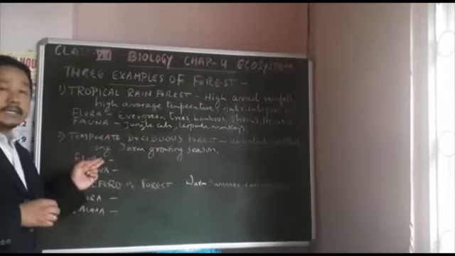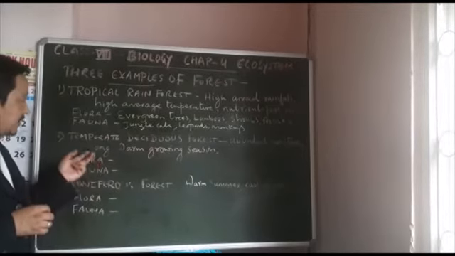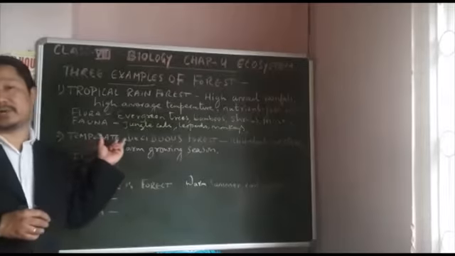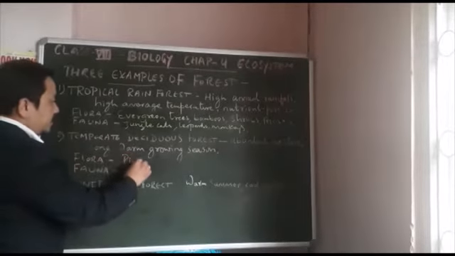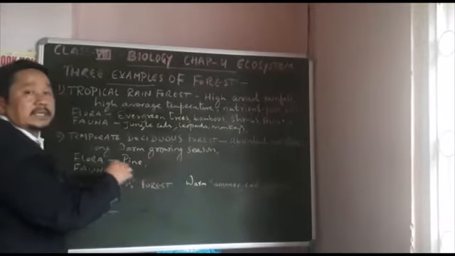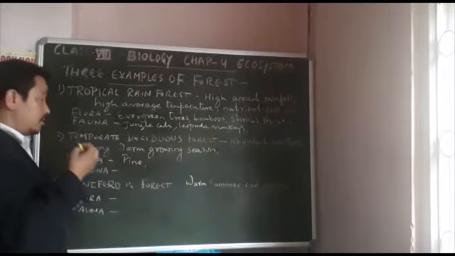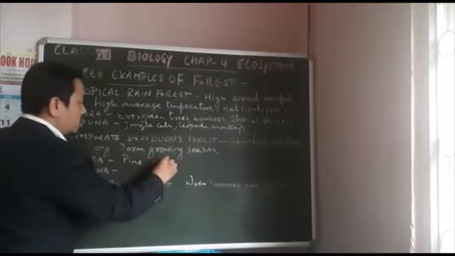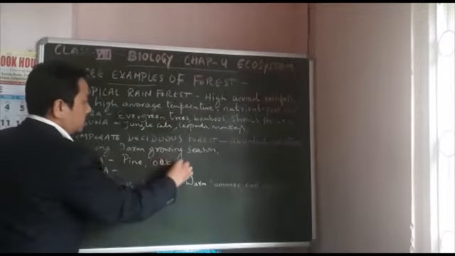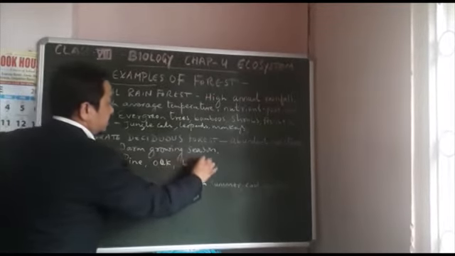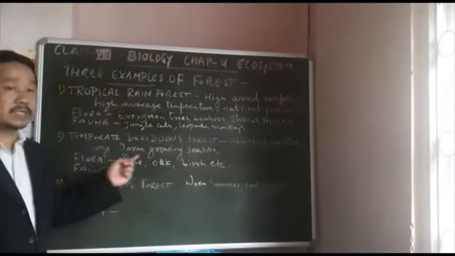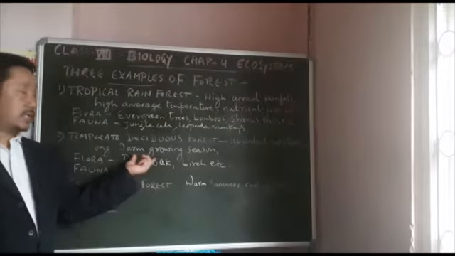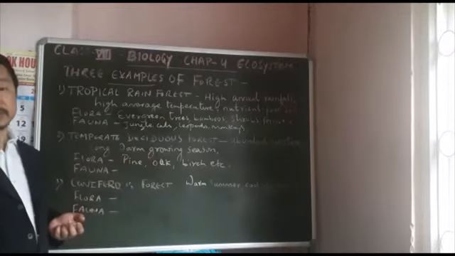Then the flora. The plants present in temperate deciduous forest include pine trees, oak, birch, etc. There are many, but pine, oak, birch are mainly found here.